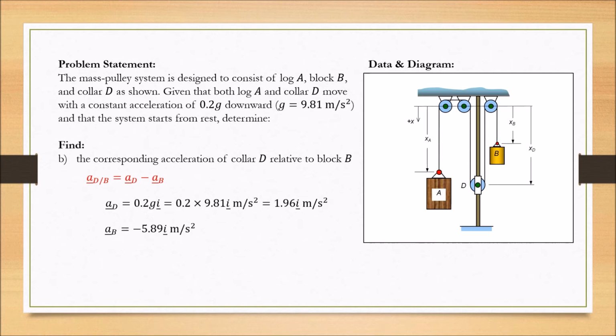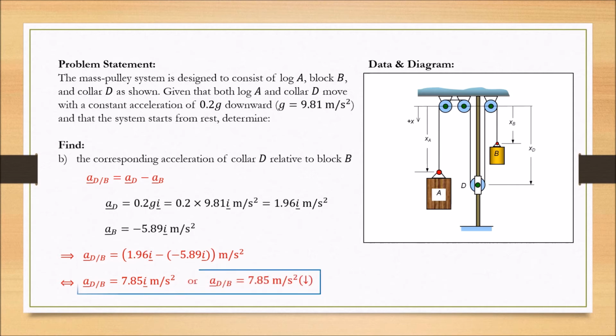From these two values, we can calculate the vector a of D relative to B. It is 7.85 i meters per second squared. Or you may write aD relative to B equals 7.85 meters per second squared with an arrow downward, which is the positive direction.